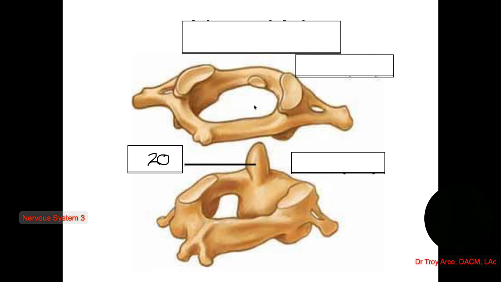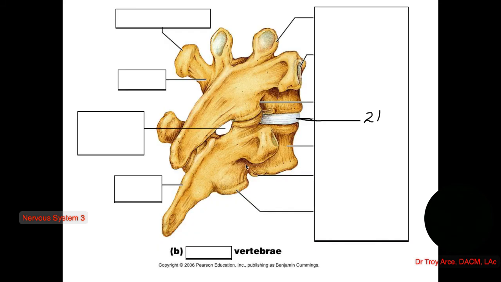We did an assignment on it, so you should have a pretty good idea of the names of this, dens here. All right. Know the difference between, if I show you two, C1 and C2. And again, the different parts, pieces of the vertebra, what are they?